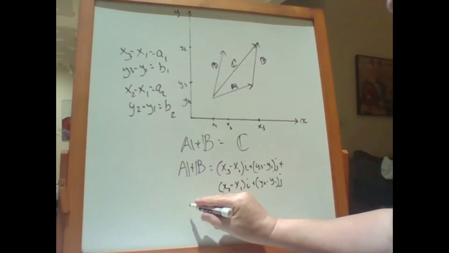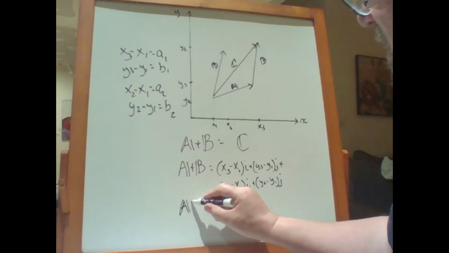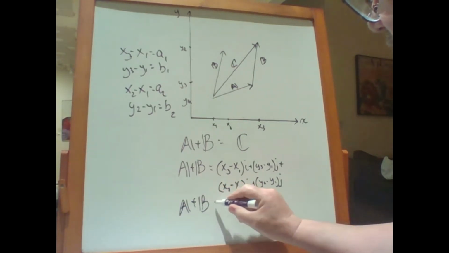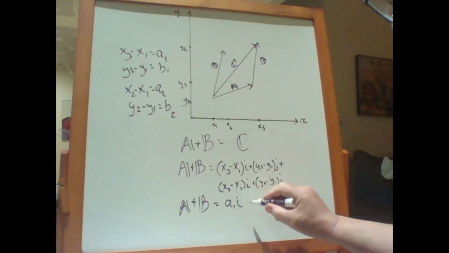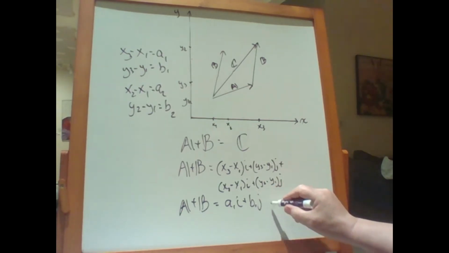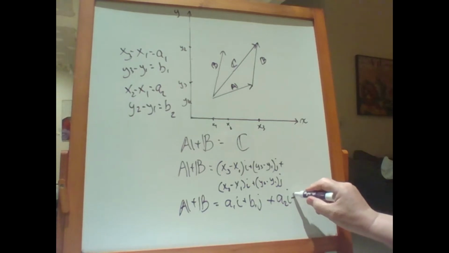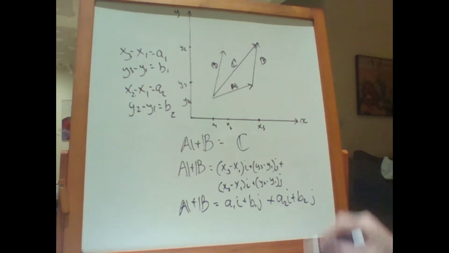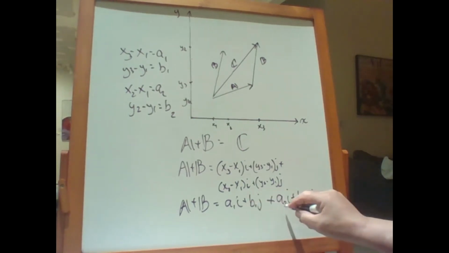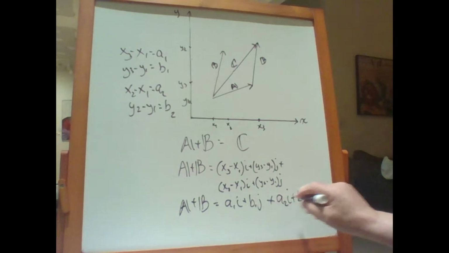So here we have a plus b equals a1 i plus b1 j plus a2 i plus b2 j. And again, we only add like components, i components and j components.